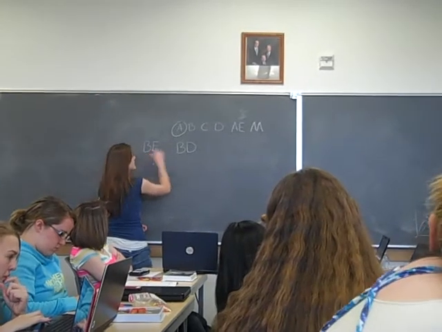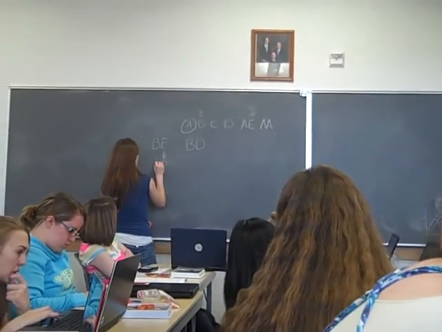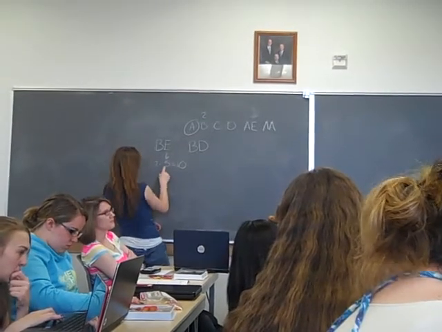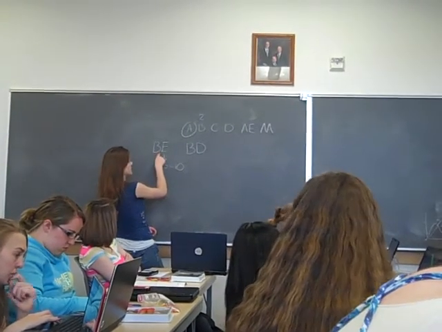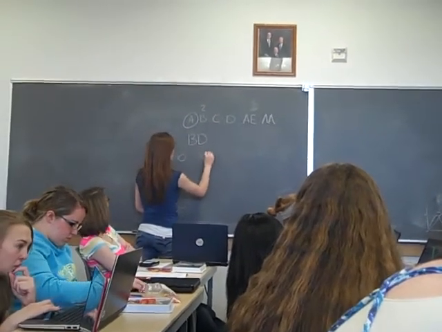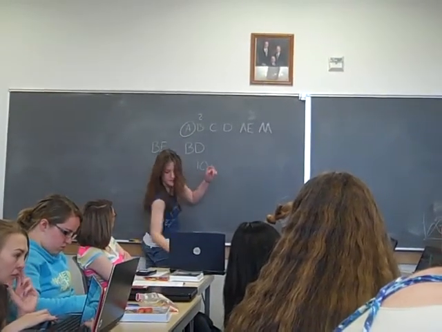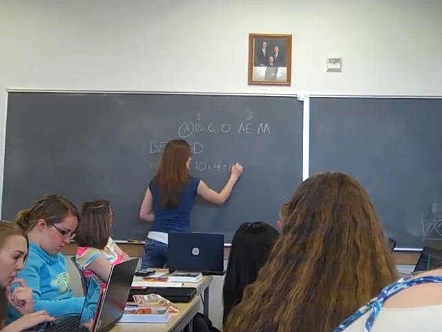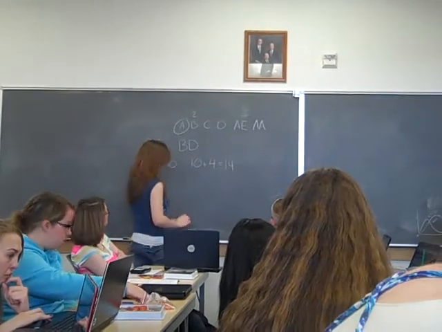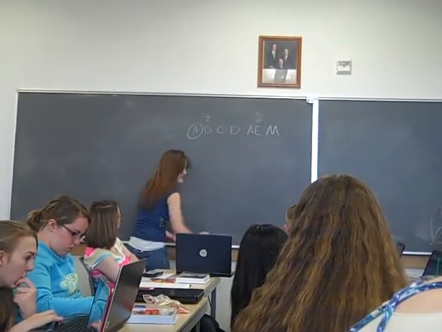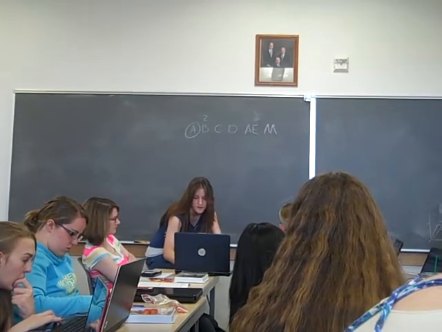So I go back to B, and this is a 2. So 2 times 5 is 10. And once I figure out the main number, I can figure out the rest. So it's 10 plus D, since D is 4, it's 14.